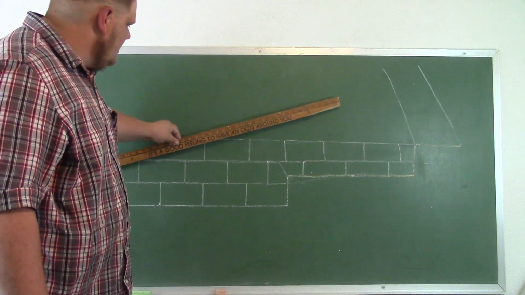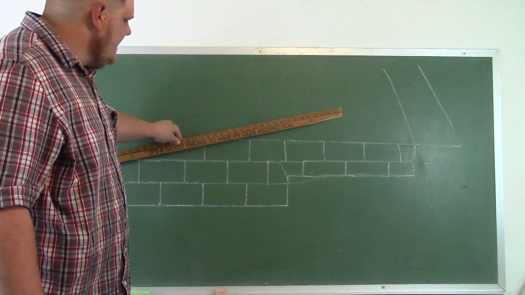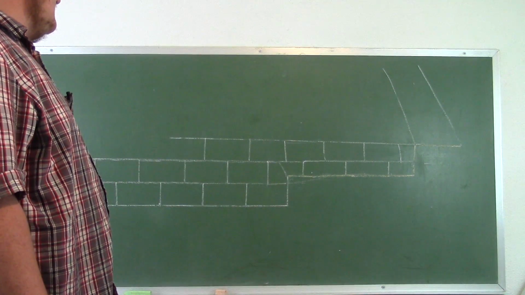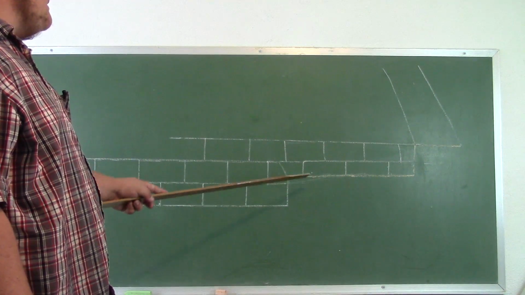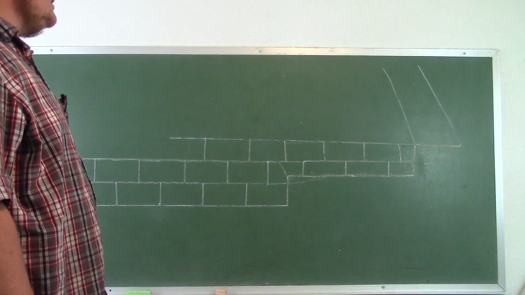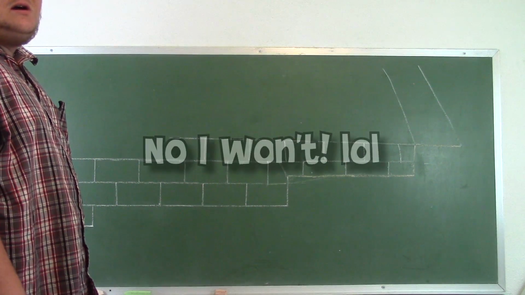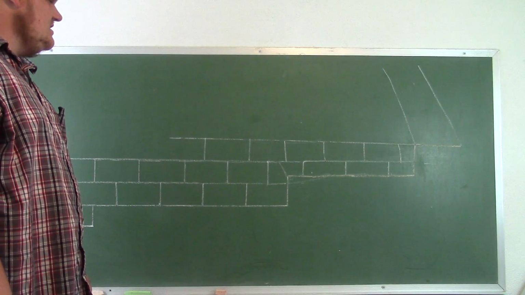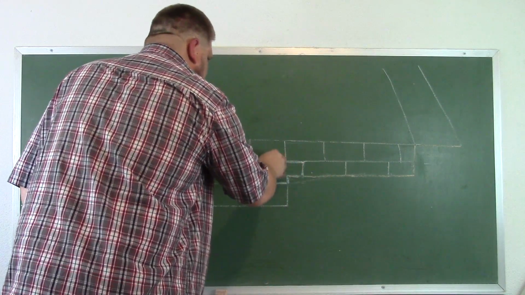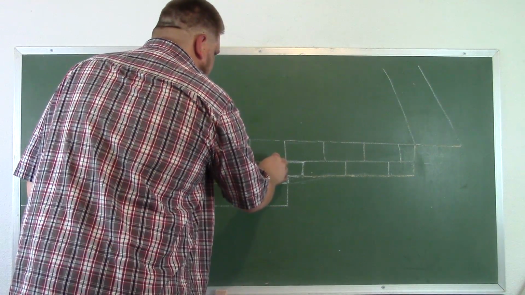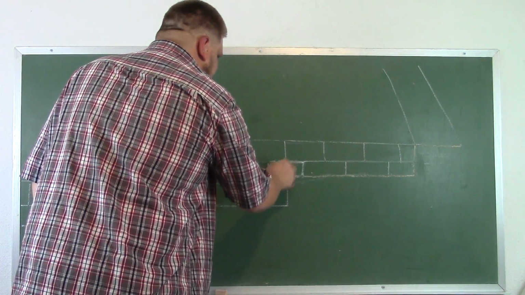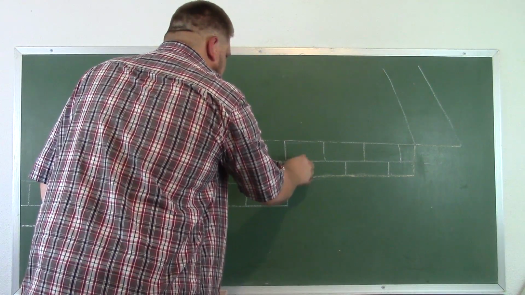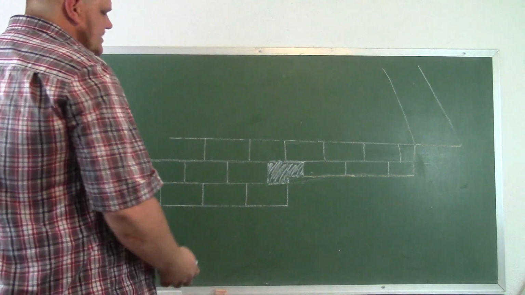The ground level's probably something similar to that. So I think that might work. I'll go ahead and stop here and let you guys mull that over and tell me whether or not that will work. The main thing is going to be this block right here, cut to that funky shape.